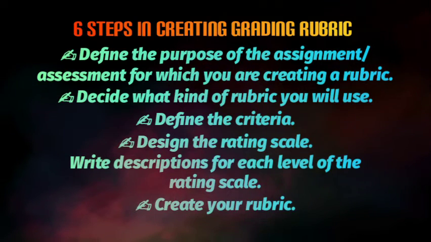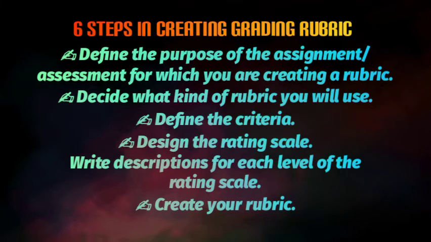The fifth step in creating an effective grading rubric is write descriptions for each level of the rating scale. In this step, you will create statements of expected performance at each level of the rubric. For an analytic rubric, do this for each particular criterion of the rubric.